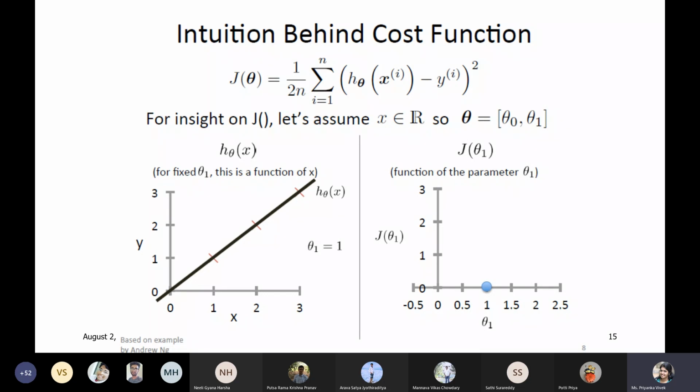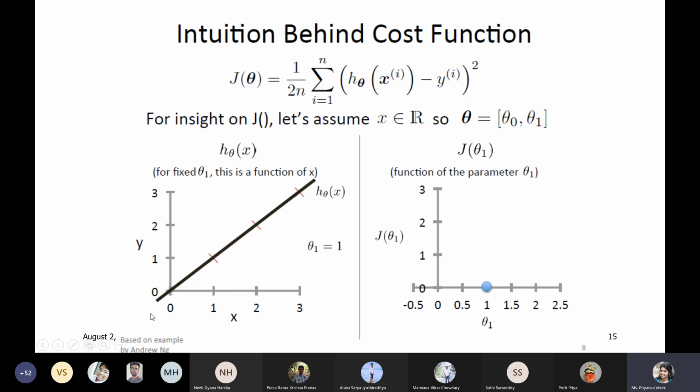Assume that we have only one attribute to be considered as of now, so it is only theta naught plus theta 1x. Just for example, we are saying theta naught is 0. Now, how would your predicted y be? It should be h theta of x equal to theta 1x, because we don't have a theta naught. So theta 1x is our model now.